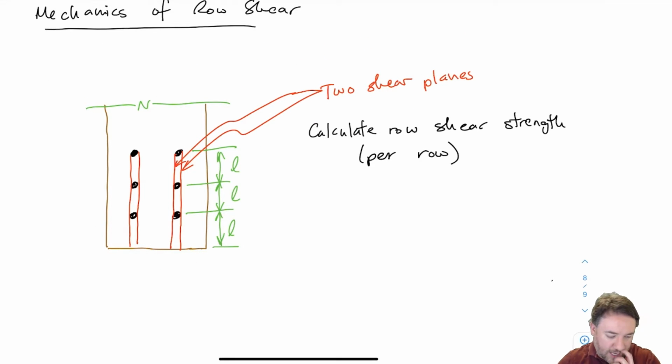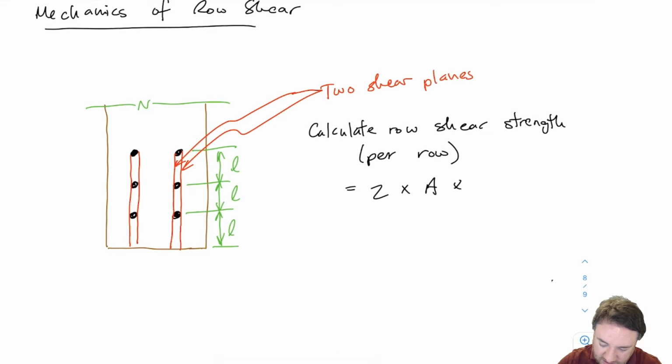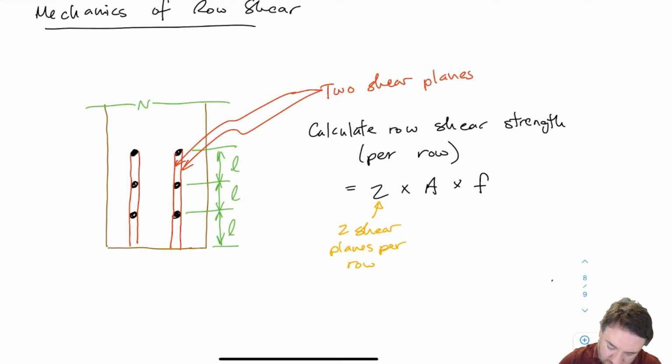So how do we calculate the row shear strength per row? I'm only looking at one pair of those red lines. What is the strength going to look like? It's going to be equal to 2, because I have 2 shear planes, times A, which is a shear area, the area of the plane that needs to fail, times some unit shear strength F. This is just from a basic mechanics approach.